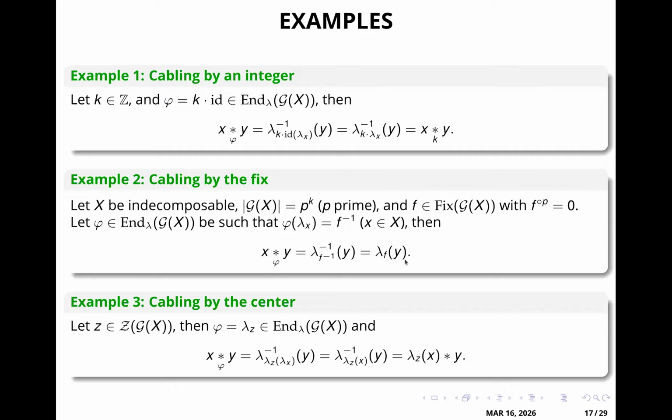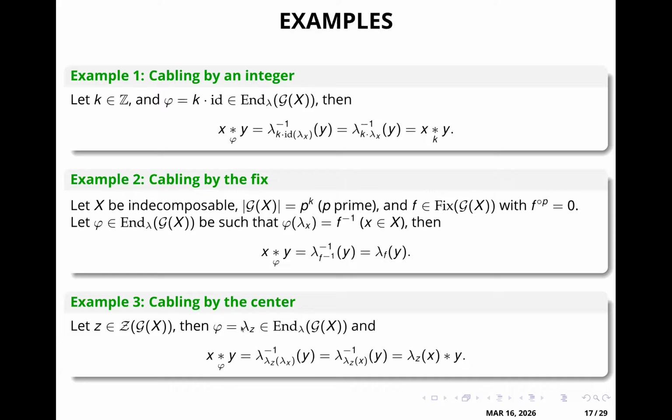A very interesting and useful example of a cabling is the cabling by the center. How do you cable by the center? You simply take a central element z and take as an endomorphism the map lambda of z. This is easily seen to be an endomorphism simply because lambda z intertwines the lambda action, since z is in the center.